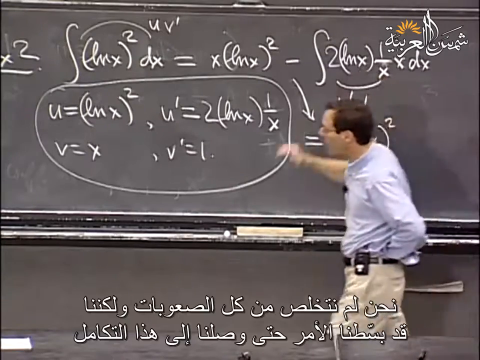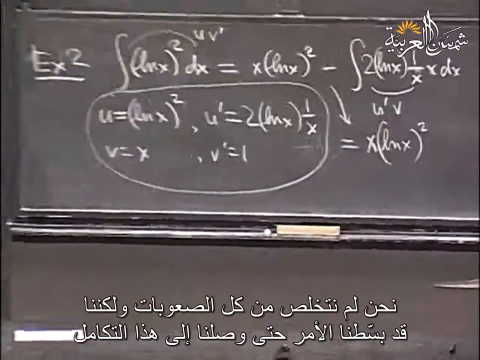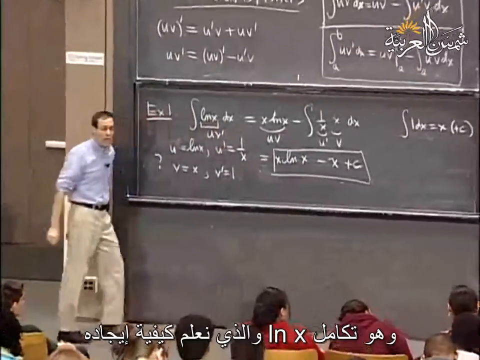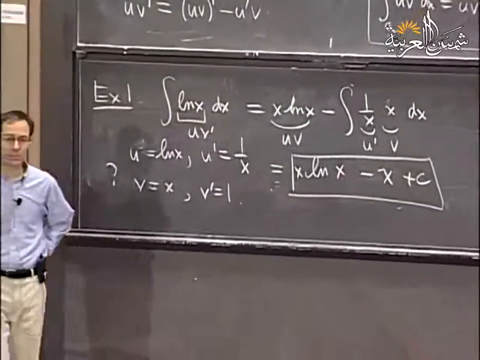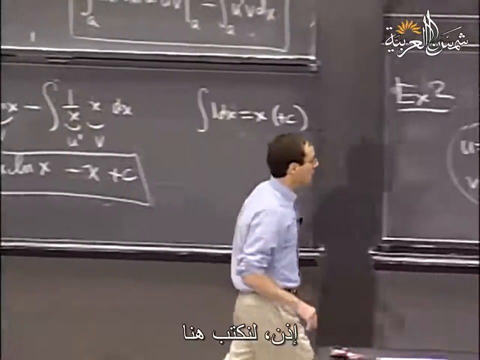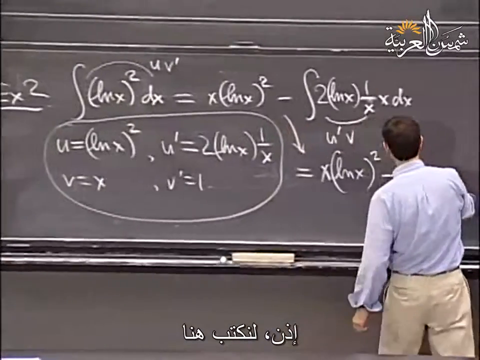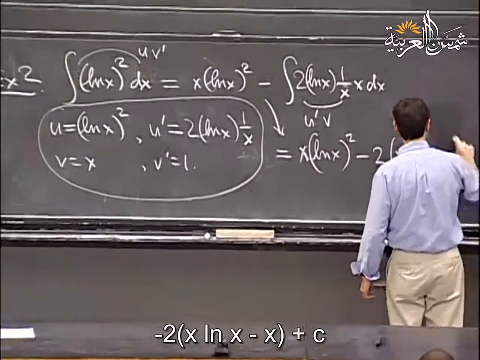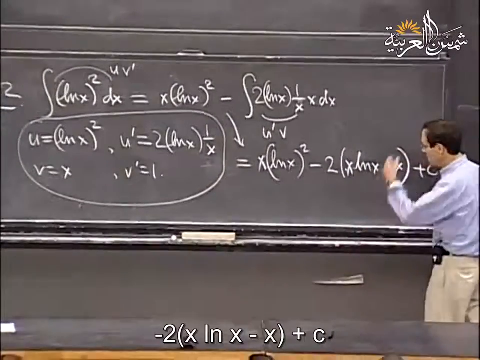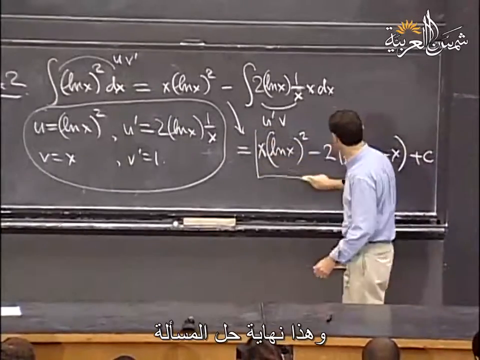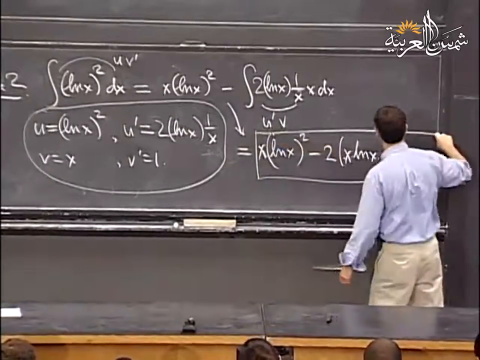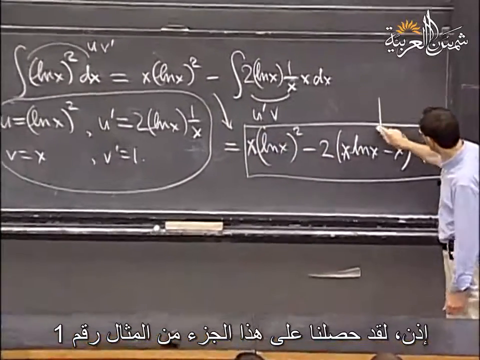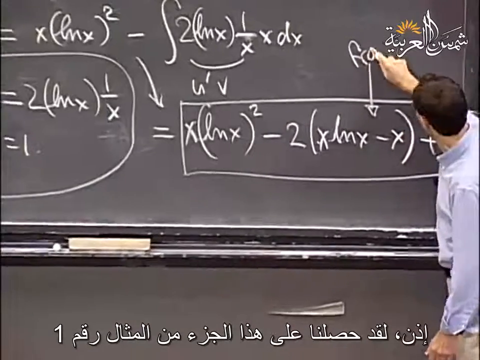We didn't win all the way, but actually we reduced ourselves to the integral of log x, which we already know. So here, I can copy that down. That's minus 2 times x log x minus x, and then I have to throw in a constant c, and that's the end of the problem here. That's it. All right? So this piece I got from example 1.